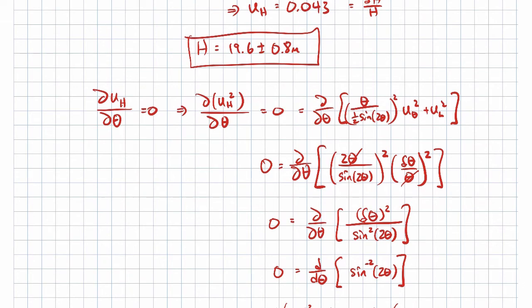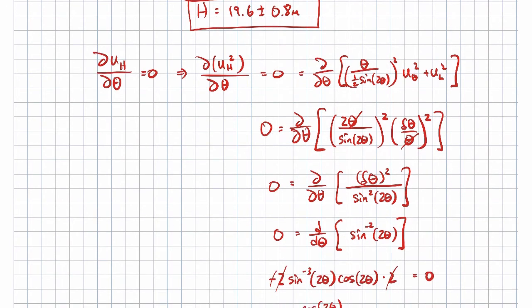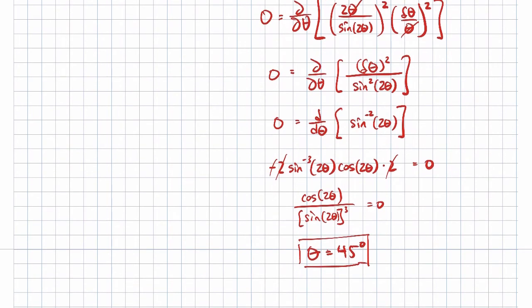I did just u sub h squared because it's a little easier to do the derivative and it doesn't affect our result. Then all of this is just the math involved of taking that derivative, setting it equal to 0. We get down to this point, and we see that the only angle that makes sense is when theta is 45 degrees, because cosine of 2 times 45 degrees is cosine of 90 degrees, which is 0.